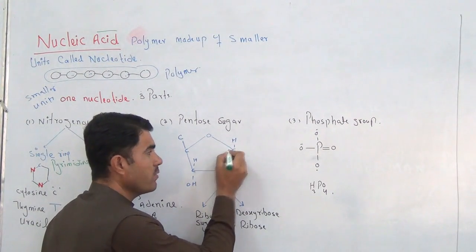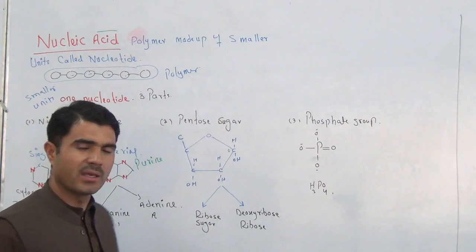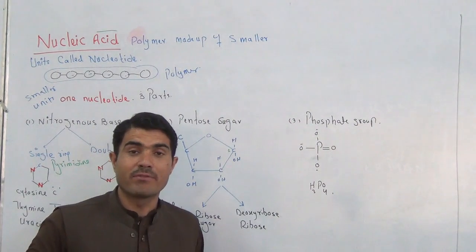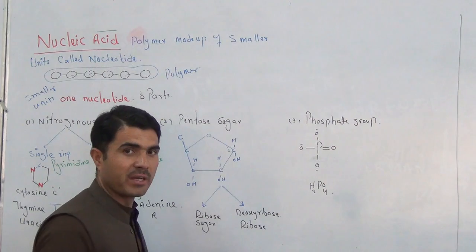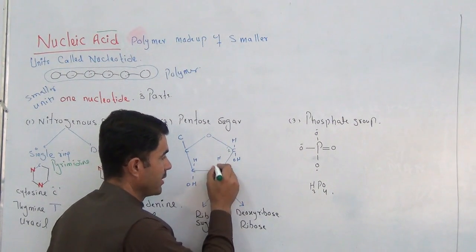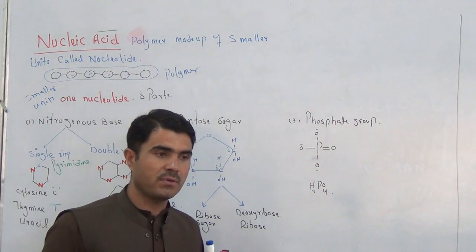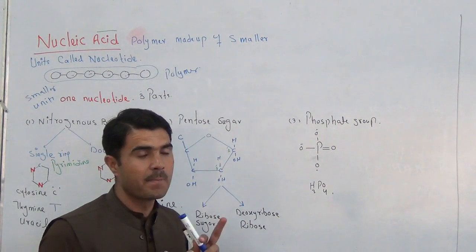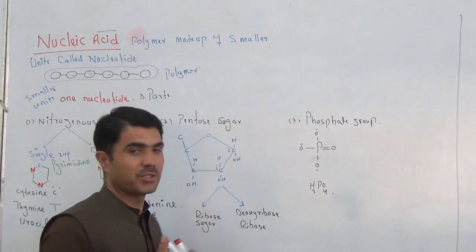This is always carbon number 1 in case of pentose sugar. In the book of Satyanarayan and the book of Lehninger, you can find a prime on the numbering, prime on number 1, and it is carbon number 2, you will find prime on 2. We have nitrogenous bases and we have sugar as well. The numbering can be done in the nitrogenous bases as well as in the sugar.